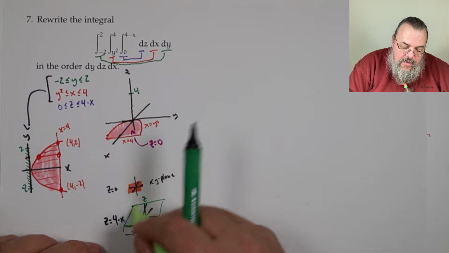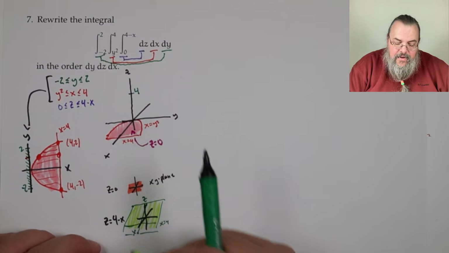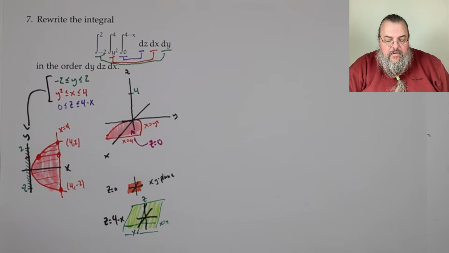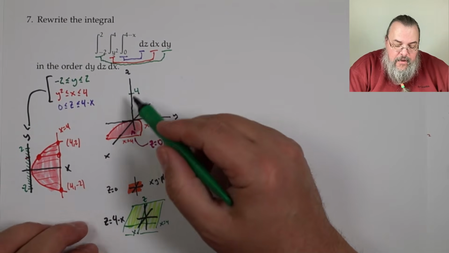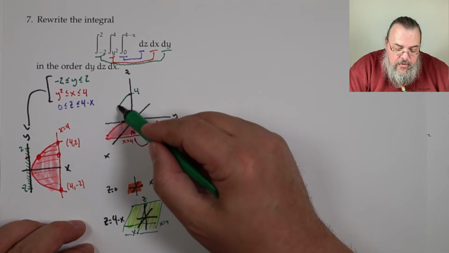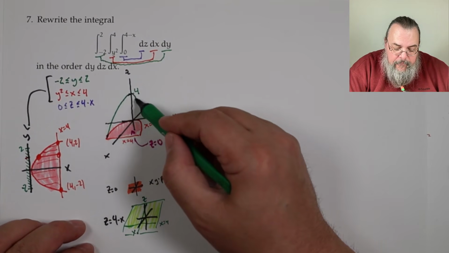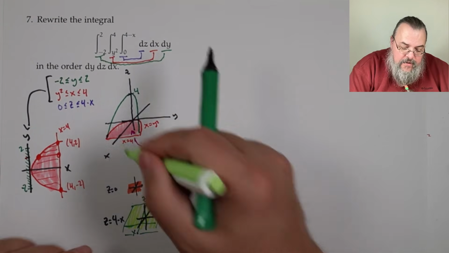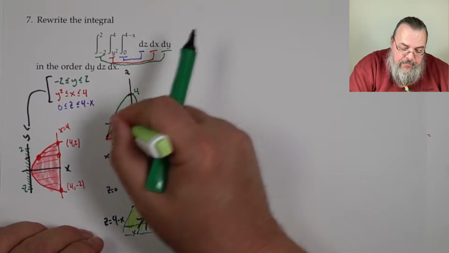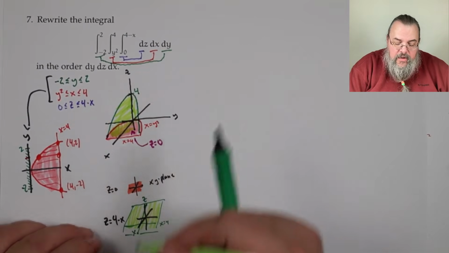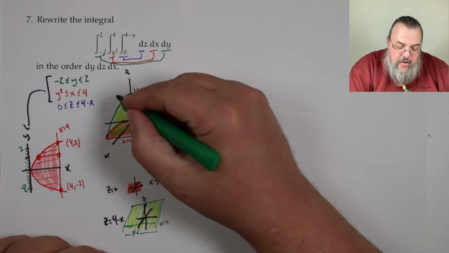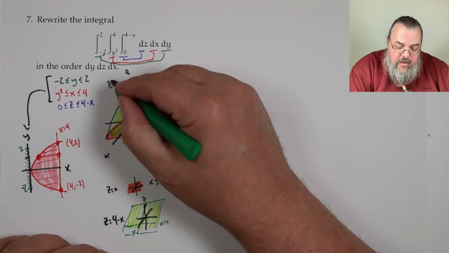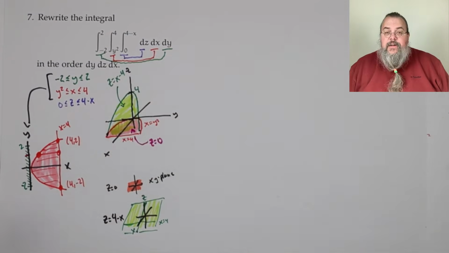Well, it's flat. And so we're going up to that. So here we have this flat shape. This is our plane, z equals x minus 4.